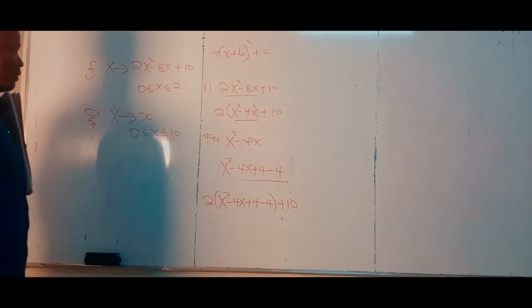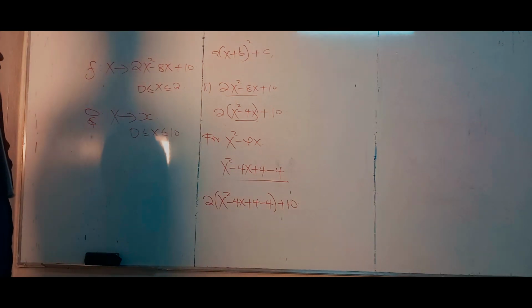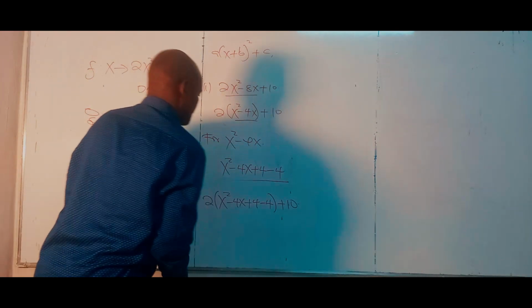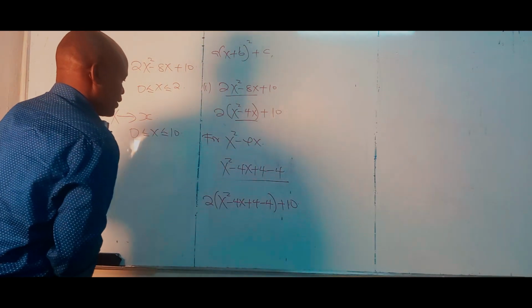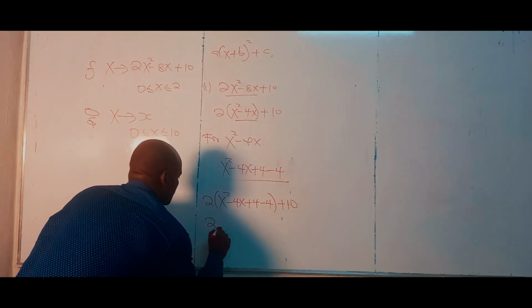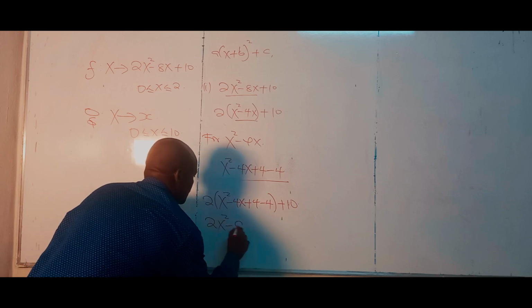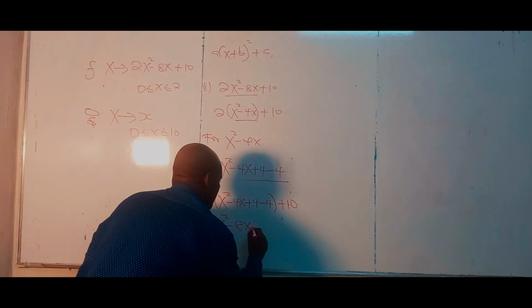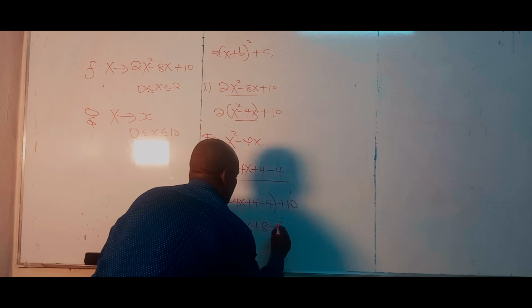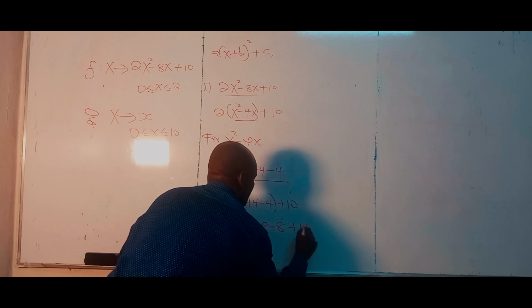Let me open up the brackets. If I open up the brackets, I'll have 2x squared minus 8x plus 8 minus 8 plus 10.